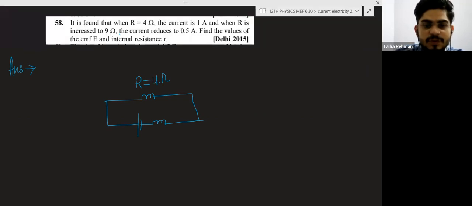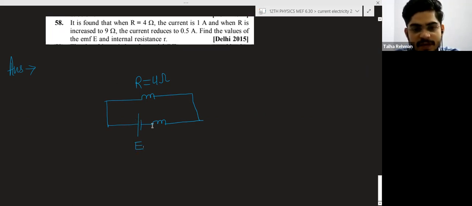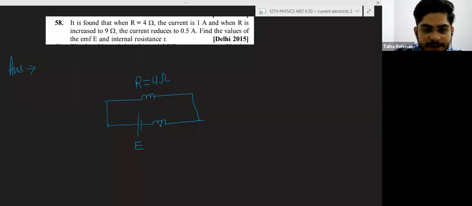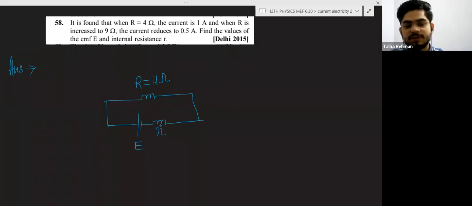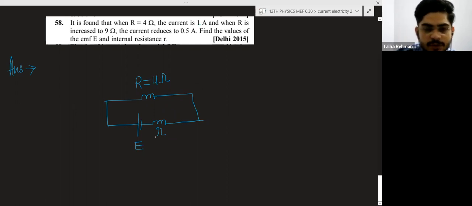E is given as the EMF of this cell, and small r is the internal resistance of the cell, and they are saying the current of 1 ampere is flowing. So the current is flowing in this direction.